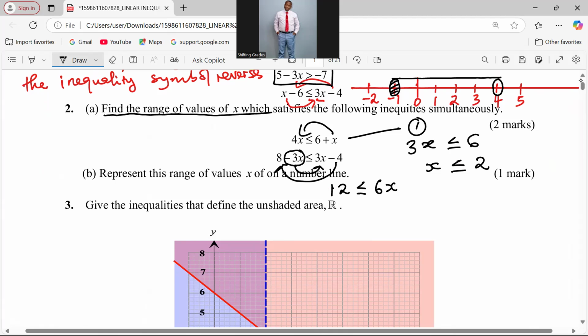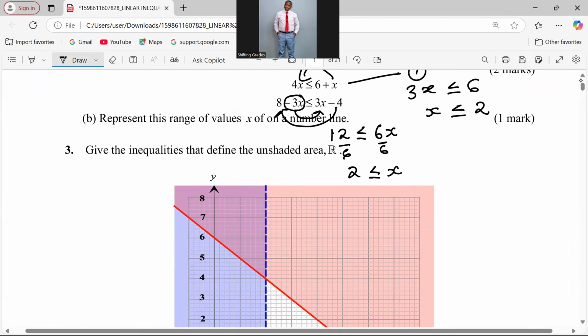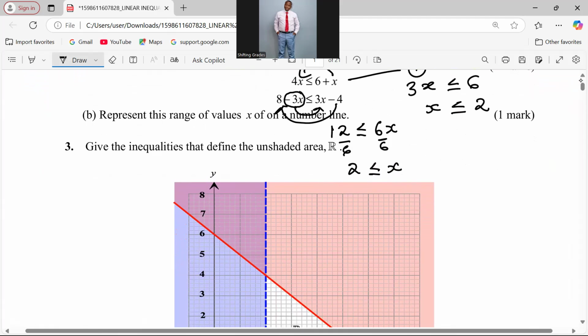So you see now, when we divide this by 6 and by 6, we get 2 less than or equal to x. So those are the two simplest statements.